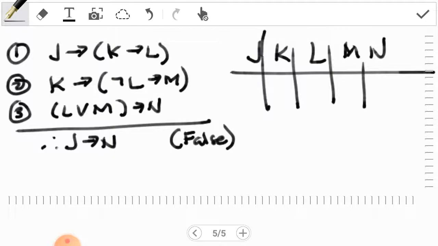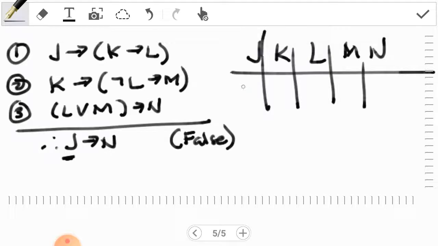This is a conditional statement, so we cannot set J to be false. Why? Because if the first proposition of a conditional is false, the statement is automatically true. So J cannot be false.